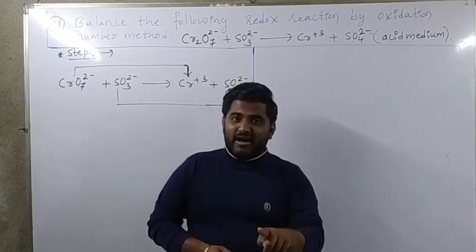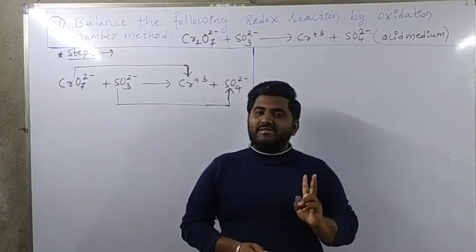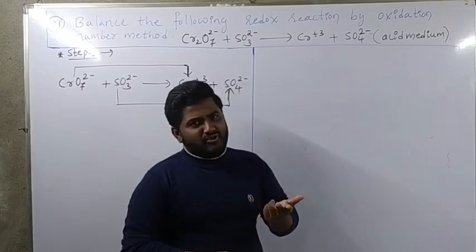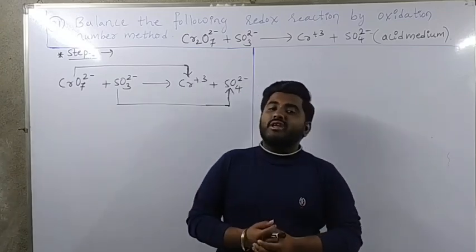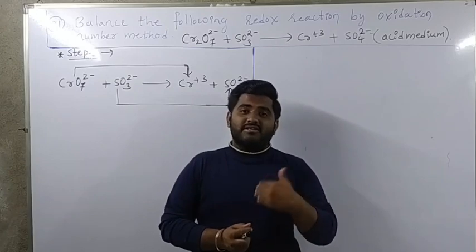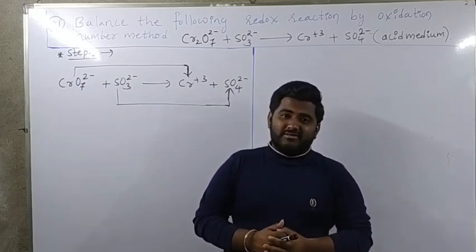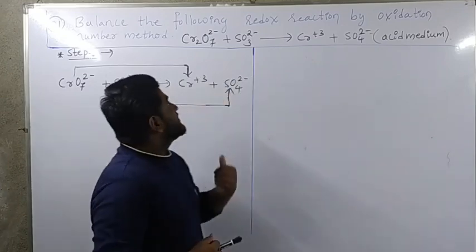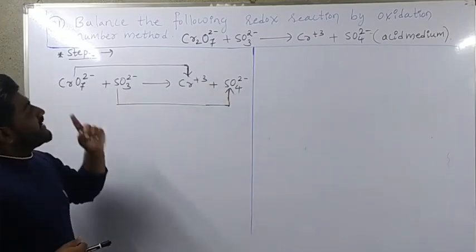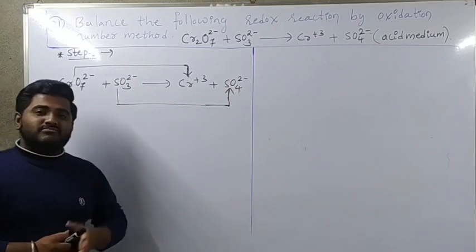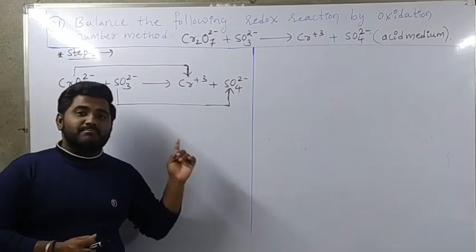In that, acid media one example, basic media one example, then two examples are given to you as homework. Then we'll move on to the half cell method that we are going to discuss. So let us discuss redox reaction balancing by oxidation number method.